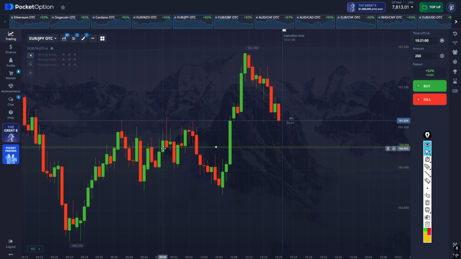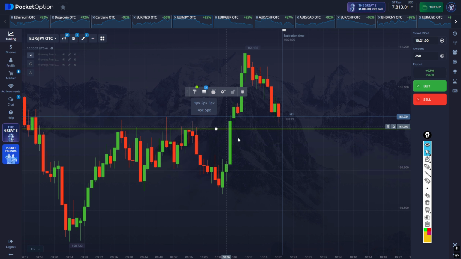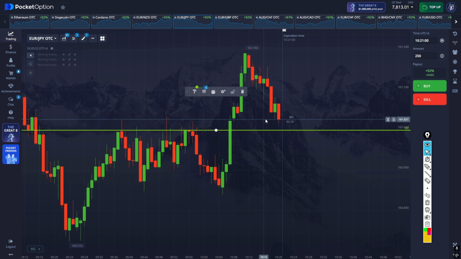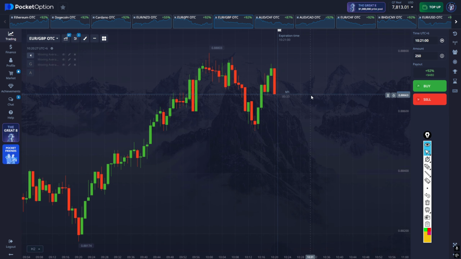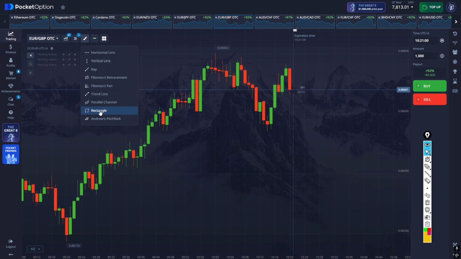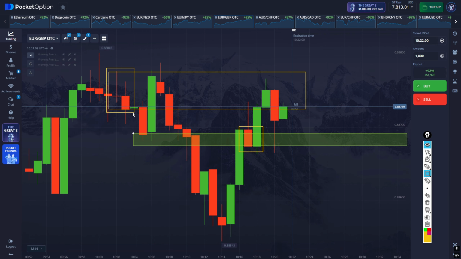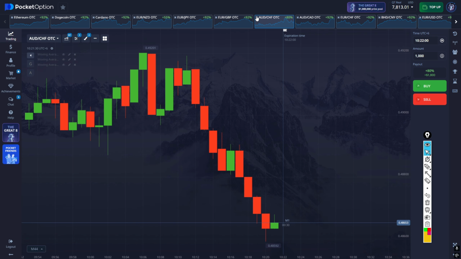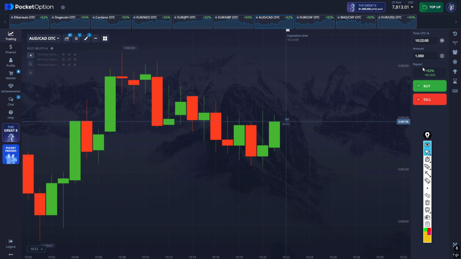Okay, if it closes on this level, I can go with the buyers again on the next candles. Let's see. Every candle has a rejection, so we can trust this one also.